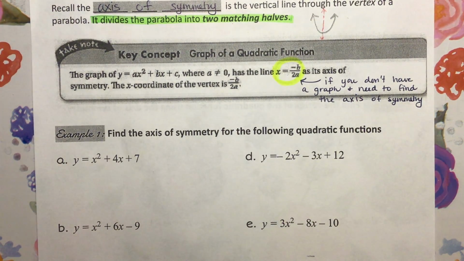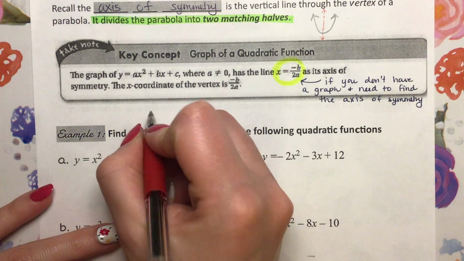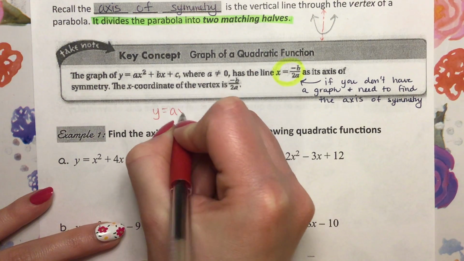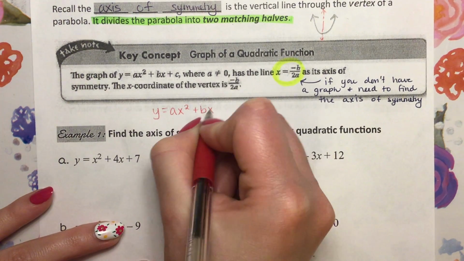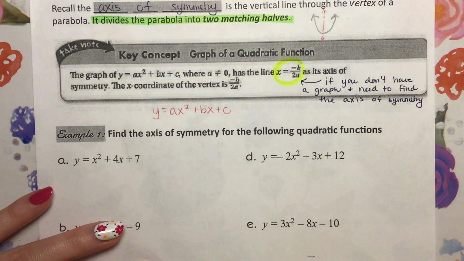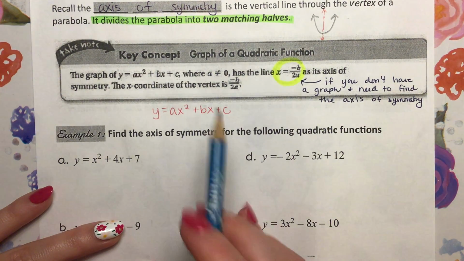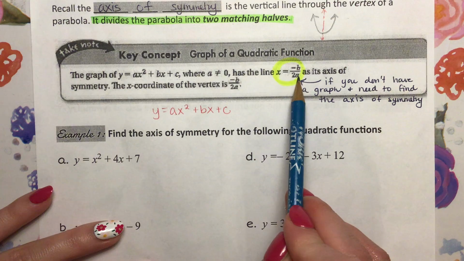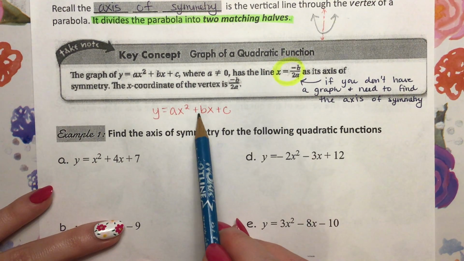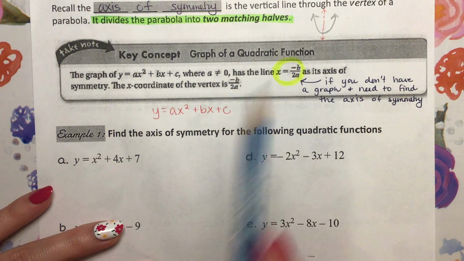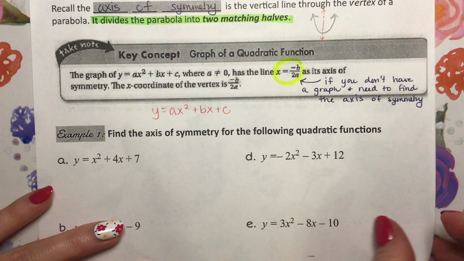Well, all of our equations are going to be in the form y equals ax squared plus bx plus c. So we are going to be able to look at what is in the a position and put that in the a spot. We're going to be able to look at what is in the b position and put that in the b spot. So let's just do that real fast.